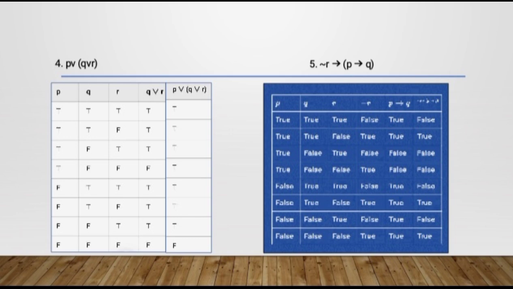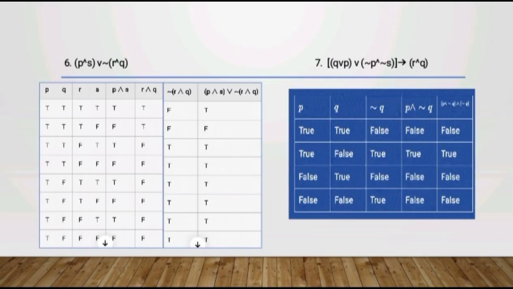Not R: false, true, false, true, false, true, false, true. P to Q: true, true, false, false, true, true, true, true. Not R and P, not Q: false, true, false, false, false, true, false, true.